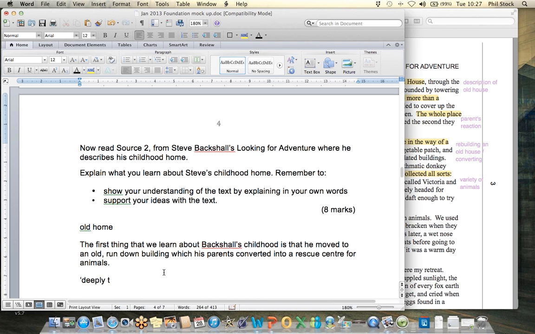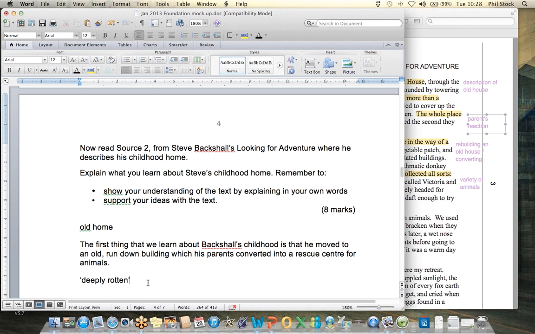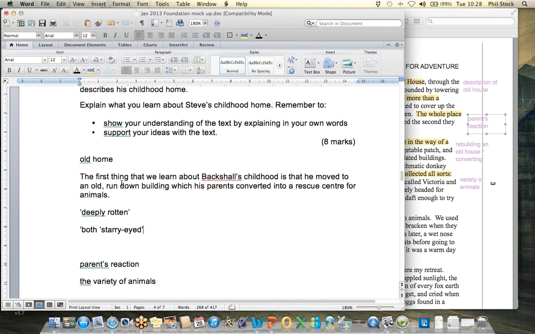And what else can we use? Just support the idea that this place was old and needed converting. Maybe we take the idea from here about the parents' reaction. They were both starry-eyed, so let's put that. Okay, so the first thing we learn about Backshall's childhood is that he moved to an old rundown building which his parents converted into a rescue centre for animals.